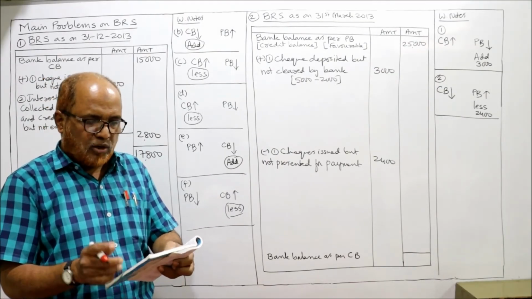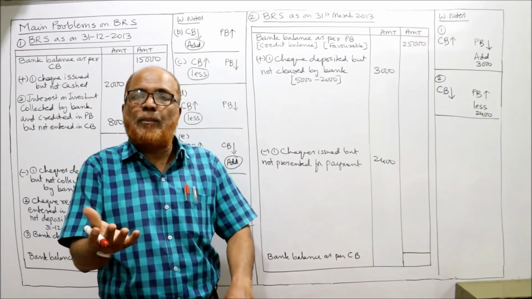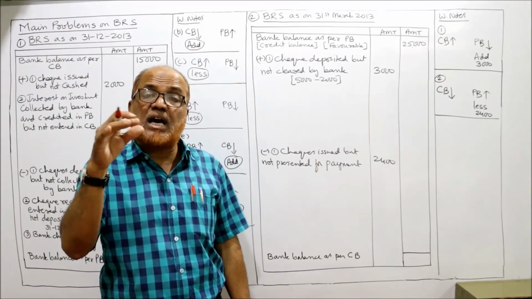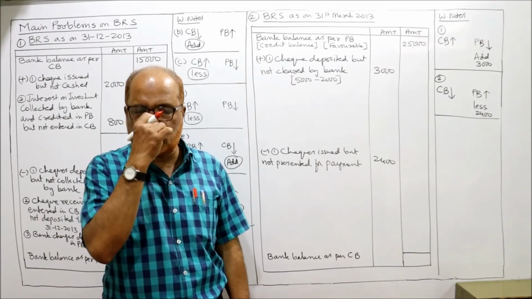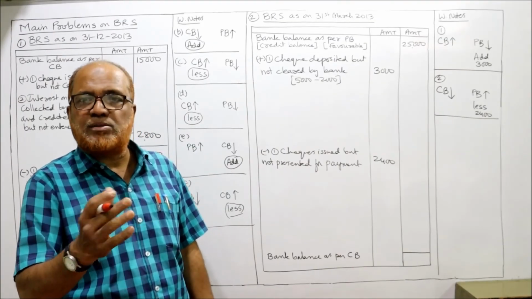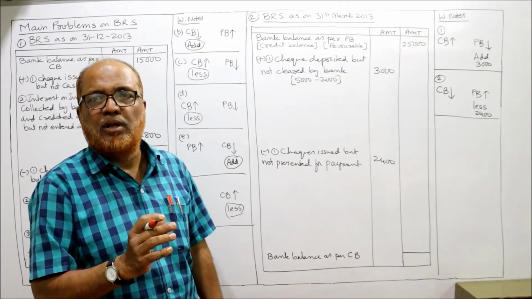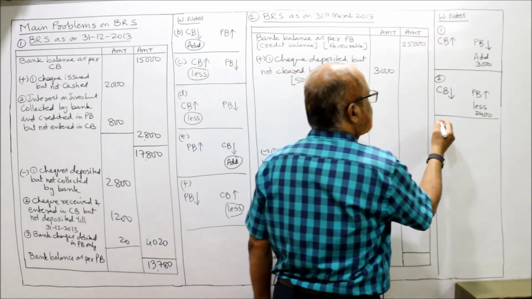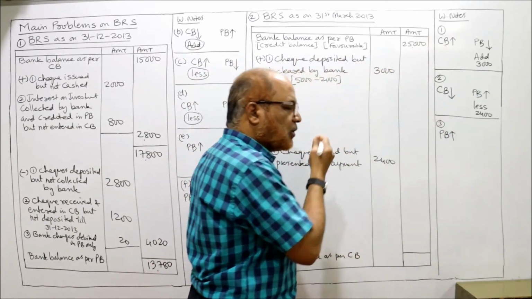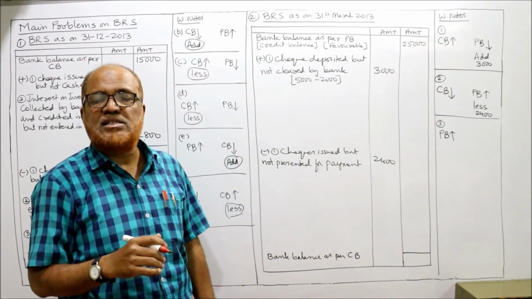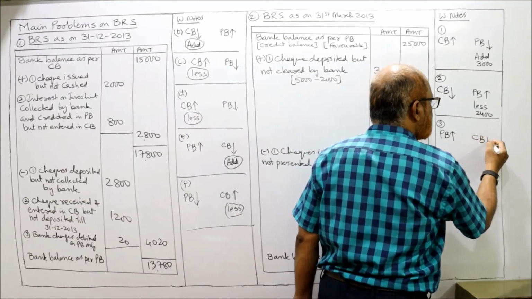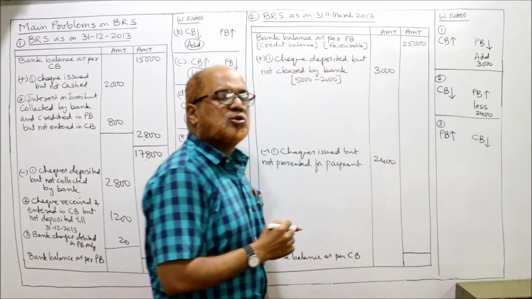Next item given is, in the passbook there was a credit of rupees 150 for interest on investment and a debit of 20 rupees for bank charges. When you open the passbook, you find that 150 rupees was credited for interest on investment. The banker has received interest on investment and credited it in the passbook, so the passbook balance has increased by 150 rupees. Whereas cash book balance still shows less balance because it is not recorded in the cash book.